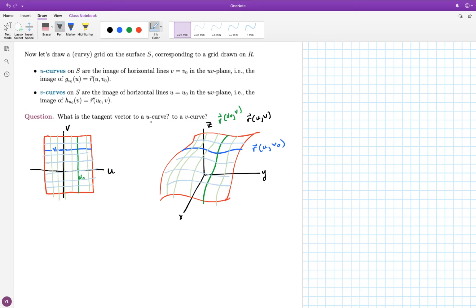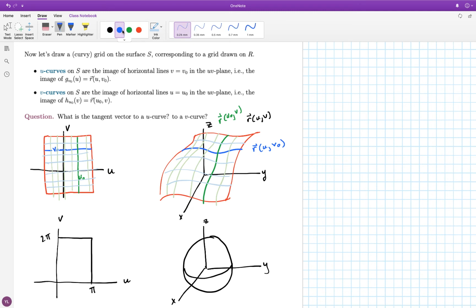I'm going to ask a question about tangent vectors in a second, but I want quickly to think about a specific example that's familiar. If you have parameterized the surface of a sphere where v is acting like the theta and u is acting like the phi, we've done that previously in these slides, then what we originally said about spherical coordinates corresponds to this discussion of grid lines. v is the theta variable, and those grid lines fixing a particular v value or theta value correspond to longitude lines.